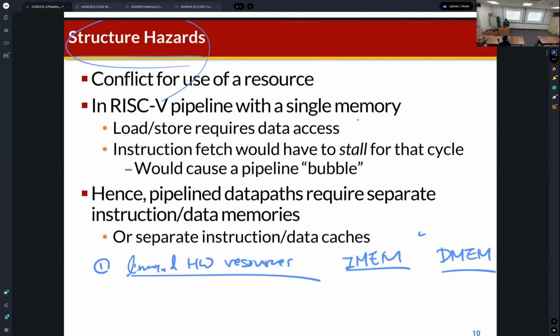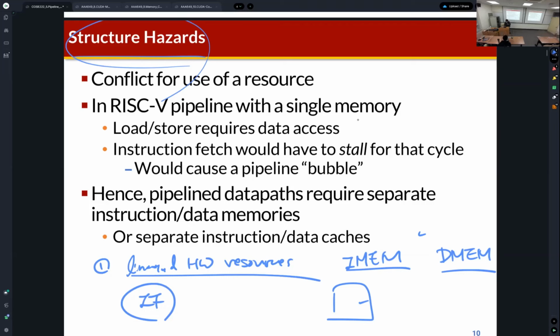What does that mean? Actually, every instruction accesses the instruction memory. This is because we are required to read instructions from the memory, which means that in order to execute the instruction, we need to access memory.